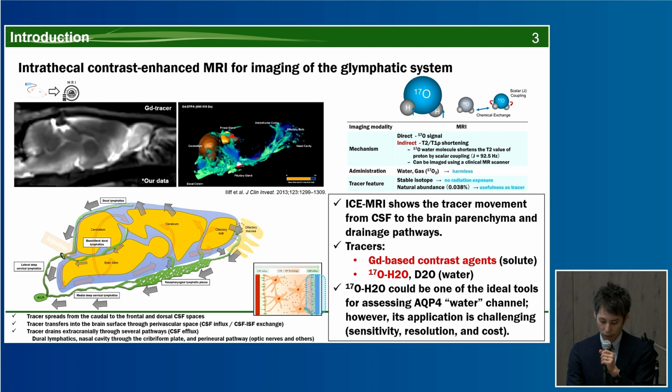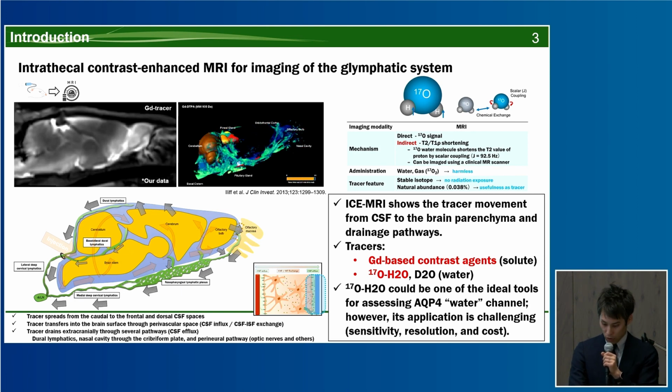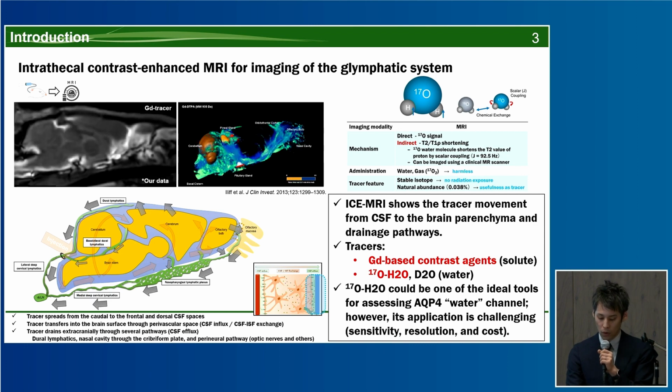O17 water allows us to track water dynamics over an extended period using MRI. Additionally, there is no radiation exposure, and it can be administered harmlessly. Given these attributes, we see O17 water as an optimal choice for assessing the AQP4 water channel.